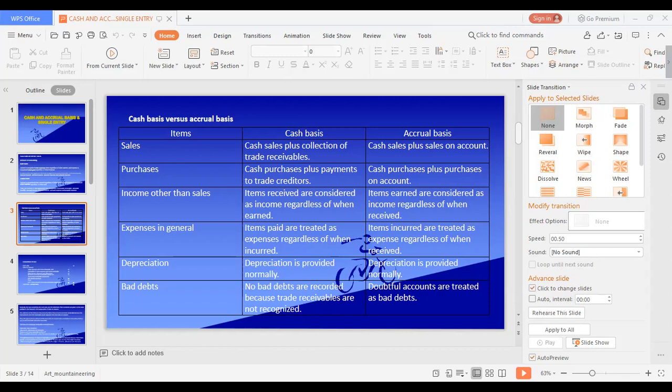Here we have the statement of financial position. Cash, we have note number 1, receivable note number 2, then we have inventory, non-current assets, land and building less accumulated depreciation and equipment, accumulated depreciation, and we have the total assets.